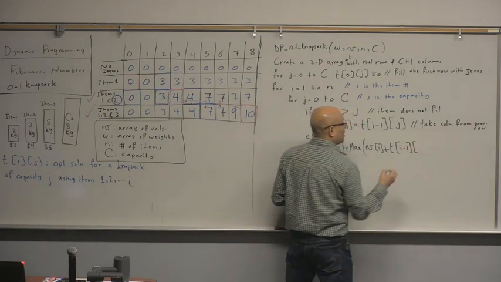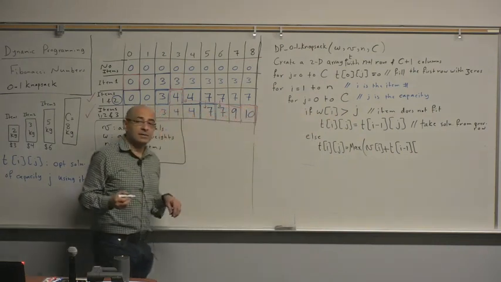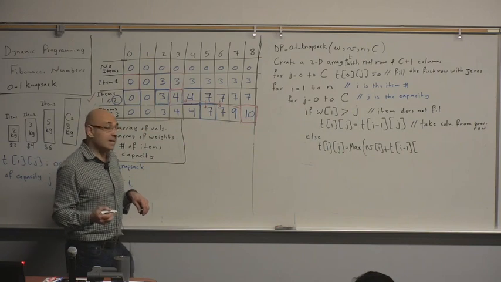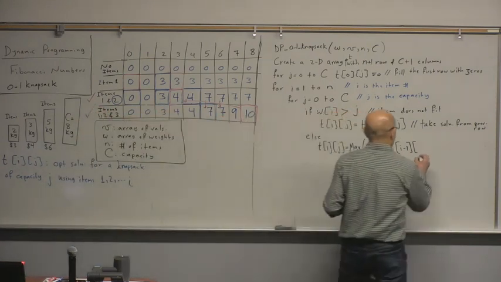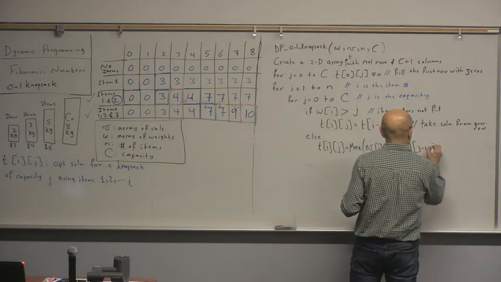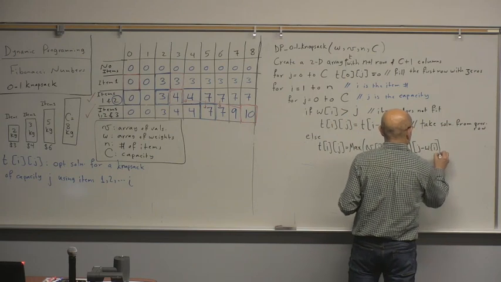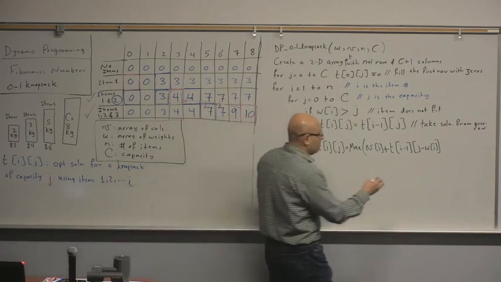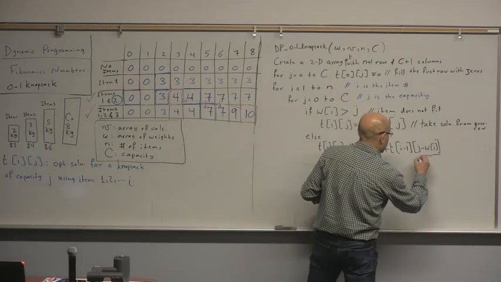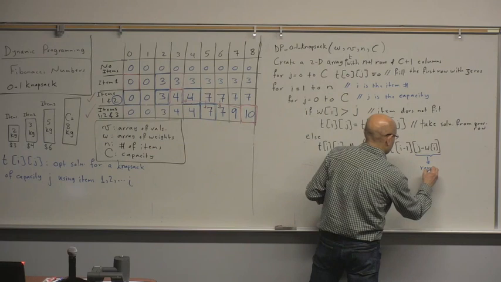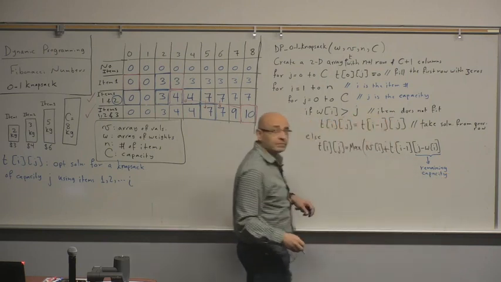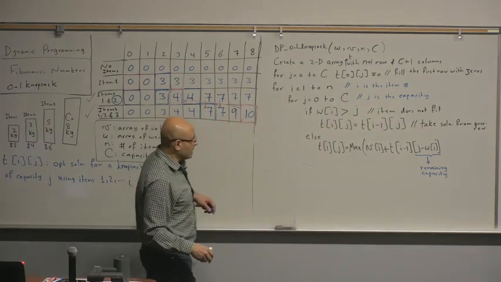Now what's the column number? J minus the weight. Yeah, exactly. J minus the weight of I. So this is basically the remaining capacity.